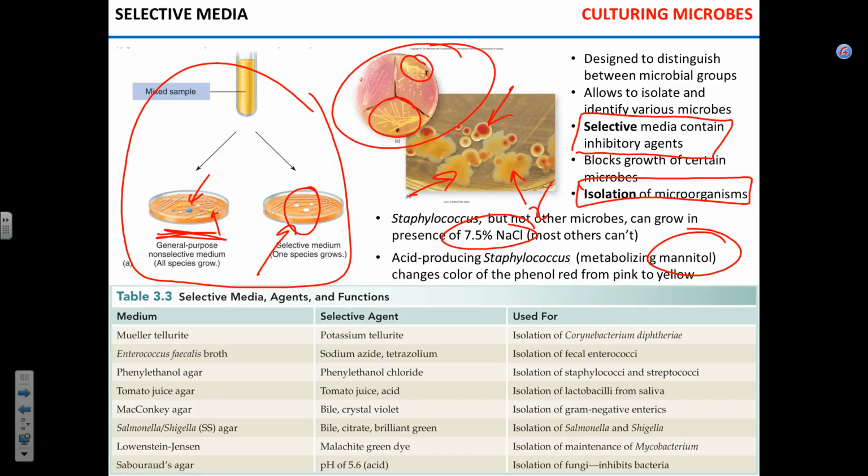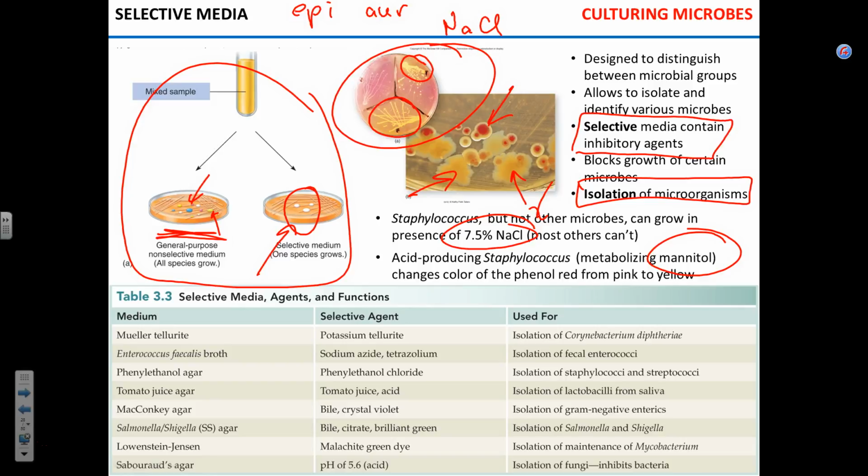So, say we would have Staph epidermidis and Staph aureus. Okay? Two species of Staphylococci. Can they both grow on sodium chloride? What do you think? I just told you. Can they?